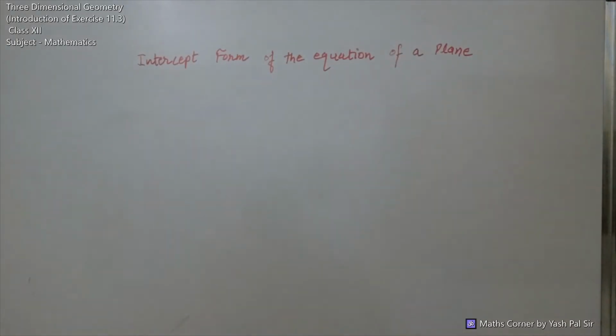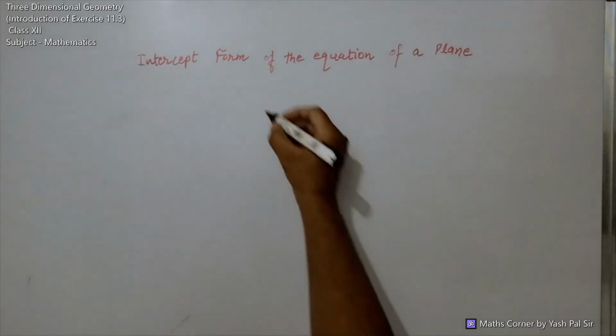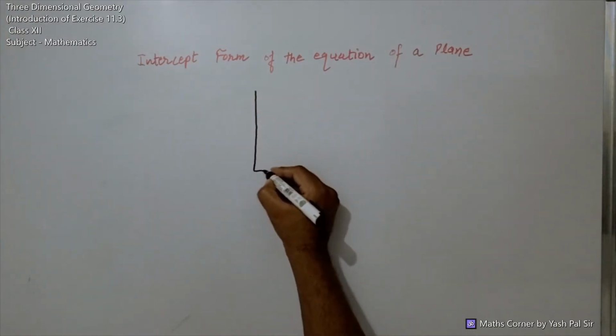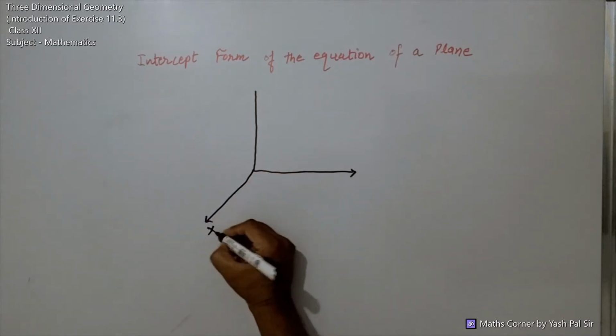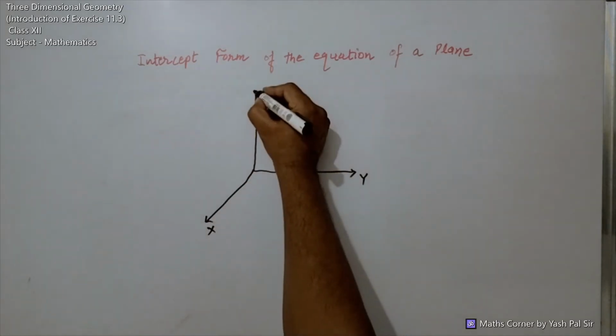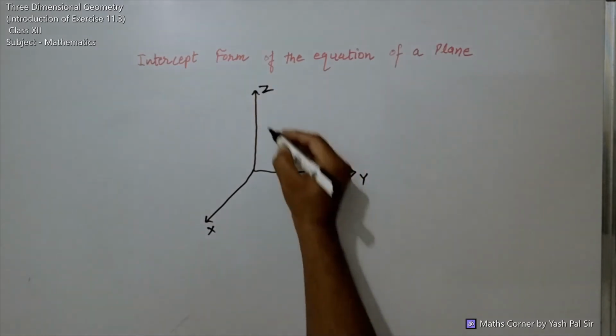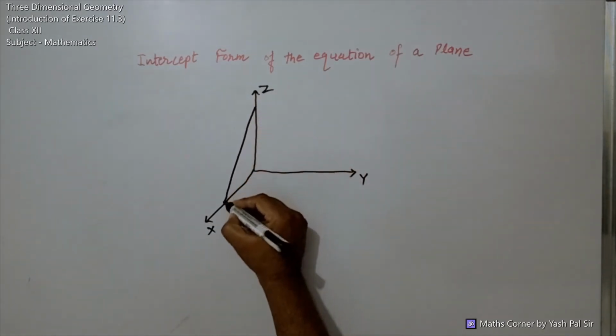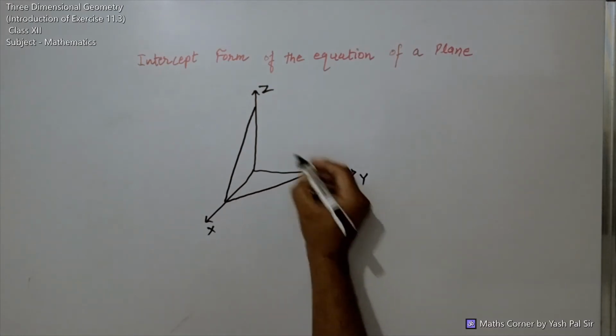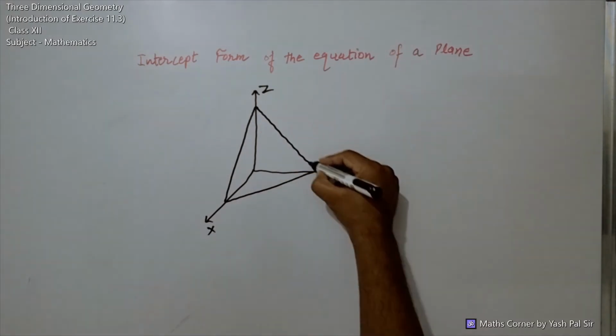Now the next point is the intercept form of the equation of a plane. Let us see what this is. In the coordinate system of x-axis, y-axis and z-axis, again suppose we have the plane.